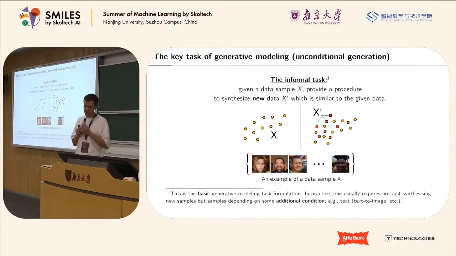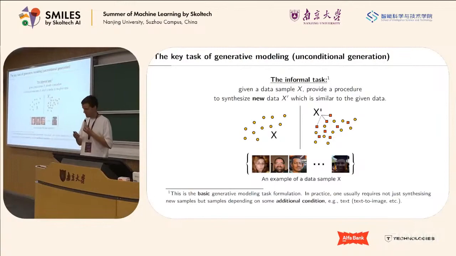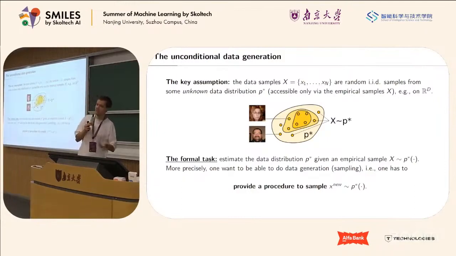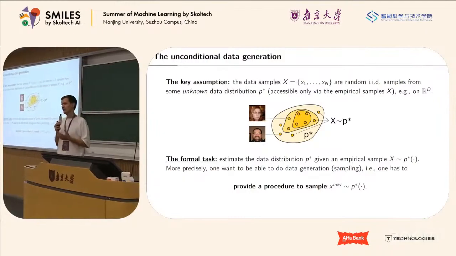In the previous lecture, we spent a lot of time discussing how to solve this particular problem with flow matching. We formalized this problem a little in the sense that we assumed that our empirical data, which we have for training, is not just arbitrary data, but is randomly sampled from some unknown probability distribution P star.